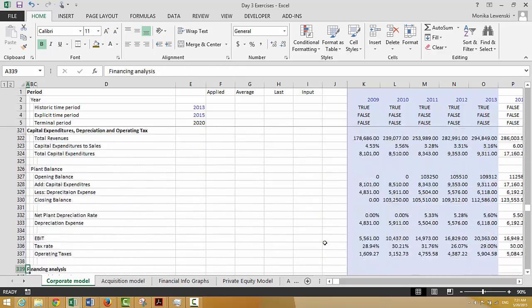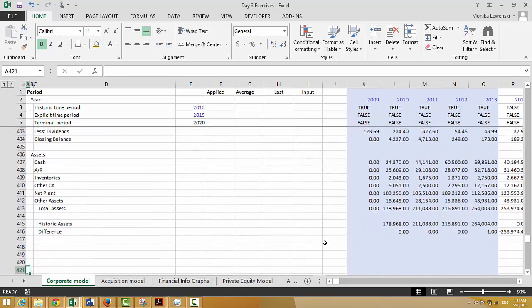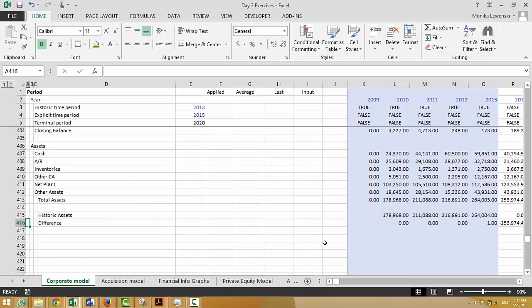And then let's put the liability side. Okay, so we'll put the, and then let's put current. How about accounts payable?